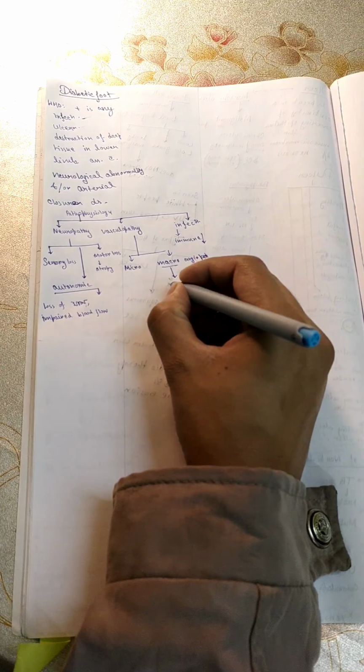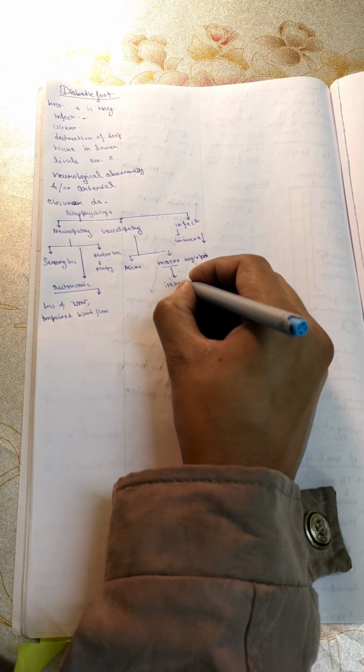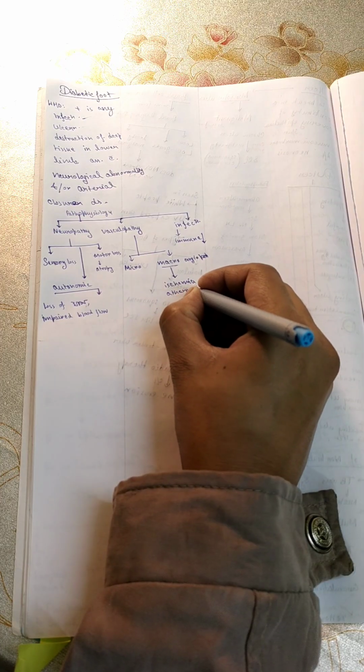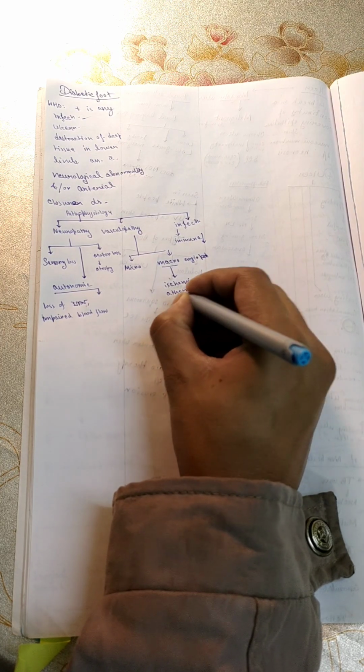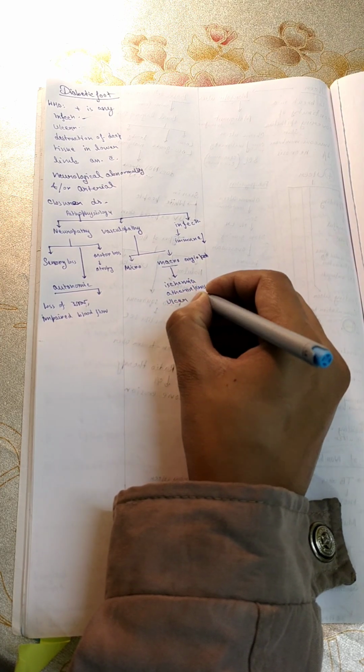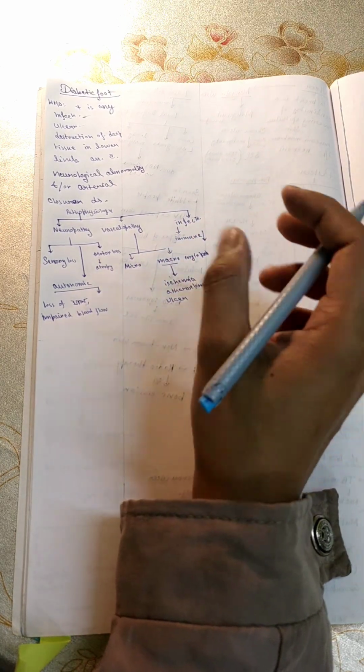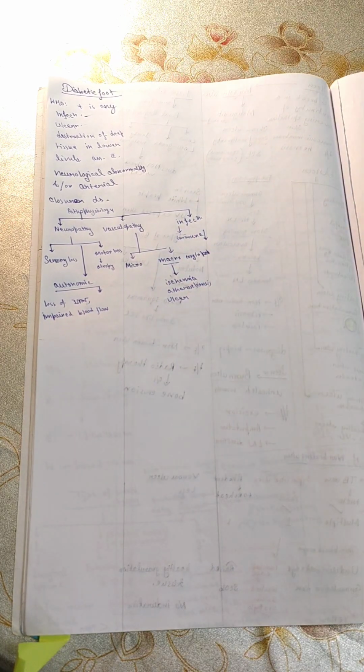In macro, what we have is ischemia, atherosclerosis, ulcer. In microangiopathy, we have thickening of capillaries.